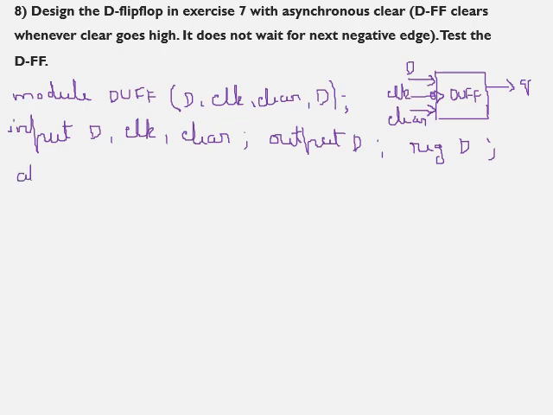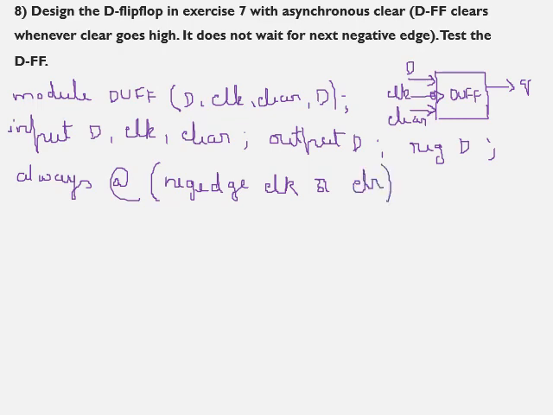Now always, this line is very important. This decides whether the circuit has synchronous or asynchronous inputs. One thing is clear, that it is triggered at the negative edge of the clock. So always at negative edge of clock, or now there is one more thing that triggers this always block, that is clear.